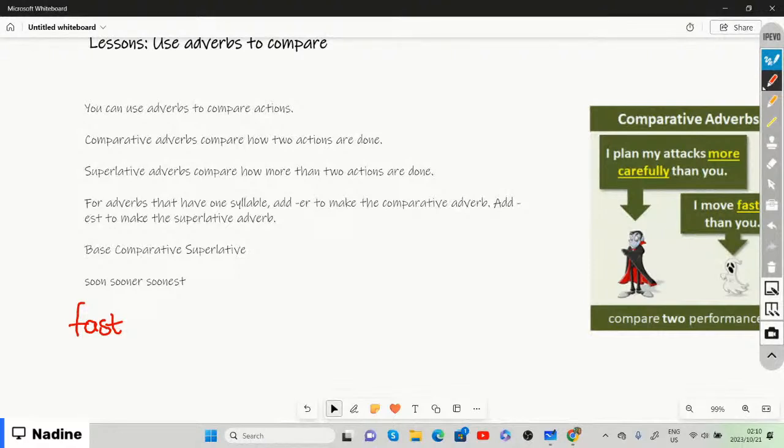But maybe John is faster than Aaron, but Jake is the fastest. So you are comparing. If you are comparing two actions being done, we add er. And if we're comparing more than two actions being done, then we add est.